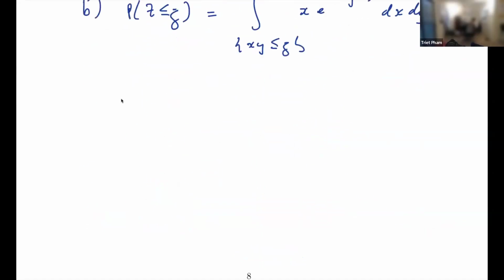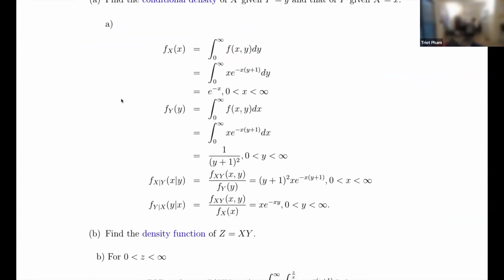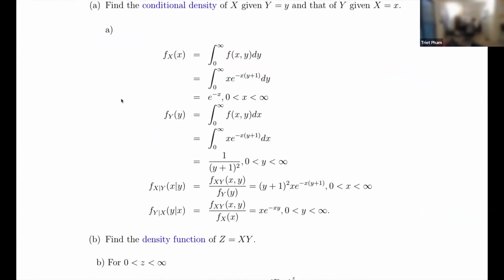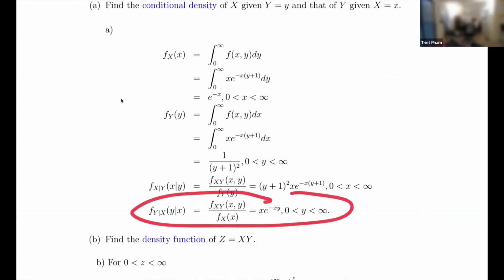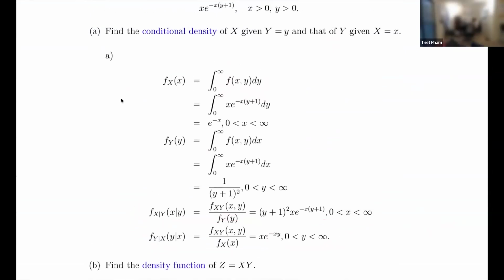And what pattern can you see? Well, you see that right here. This guy looks very attractive because effectively, what is it? It is an exponential with rate x. So y conditional on x is an exponential with rate x. You see? And so working with conditioning of y given x is pretty easy.